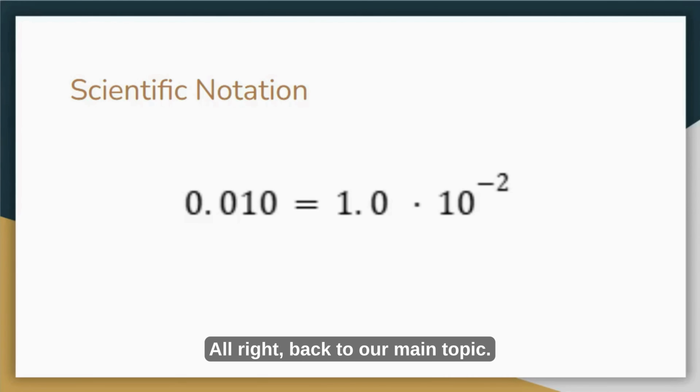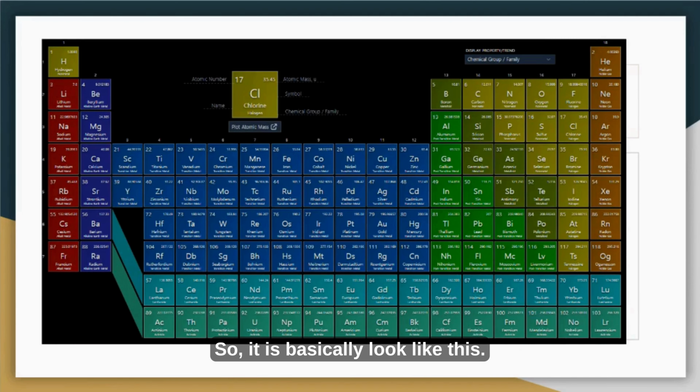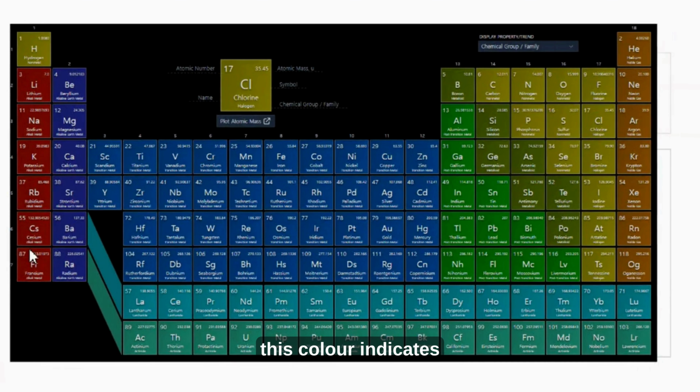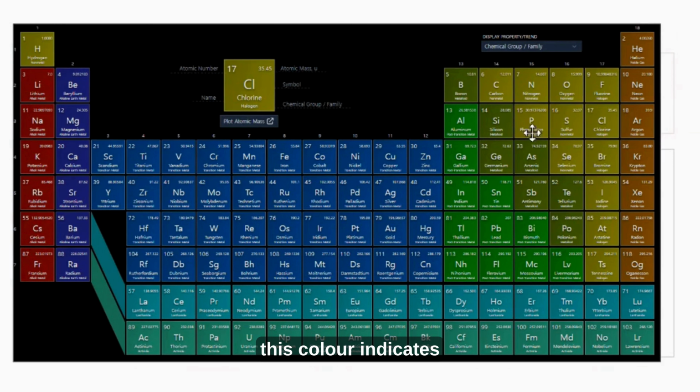This is what is called a periodic table. It basically looks like this, and it is just listing the 118 elements that exist or have been discovered until now. This color indicates the type of elements.